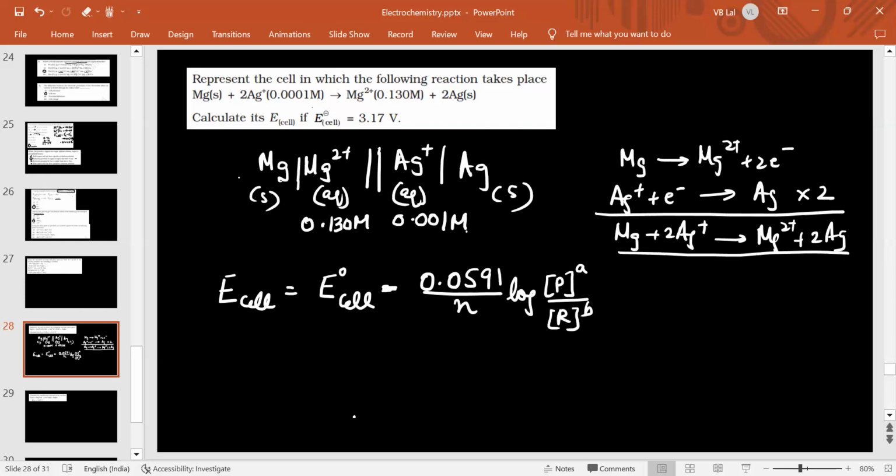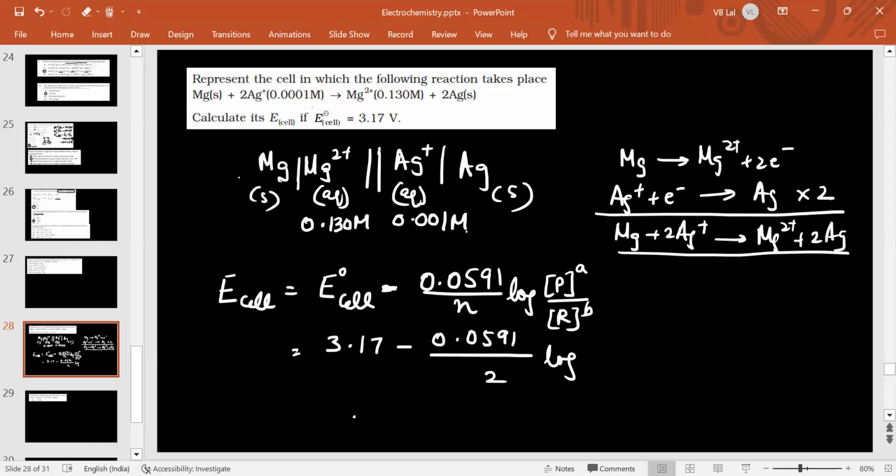So E0 cell is already given to you there. So E cell is equal to 3.17 minus 0.0591 by n. n is the number of electrons that have been lost or gained, so that is equal to 2. Log of concentration of the products over reactants.